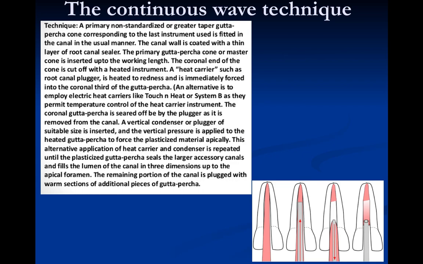This alternating application of heat carrier and condenser is repeated until the plasticized guttapercha seals the larger accessory canals and fills the lumen of the canal in three dimensions up to the apical foramen. The remaining portion of the canal is plugged with warm sections of additional pieces of guttapercha.